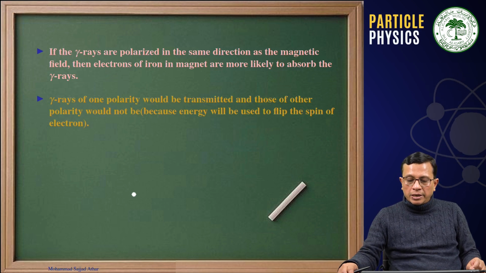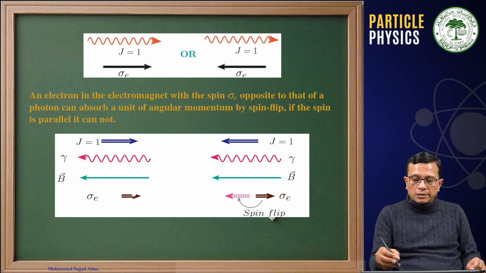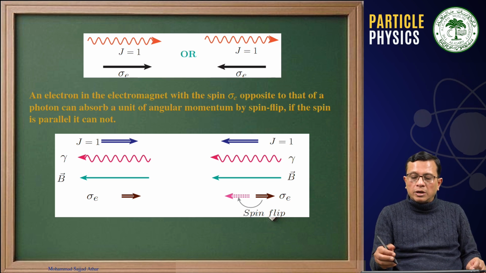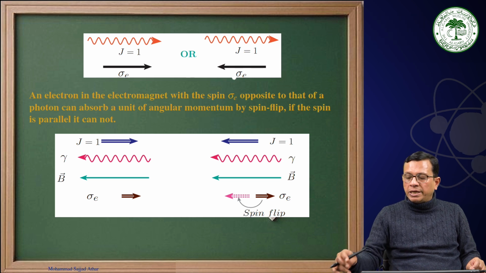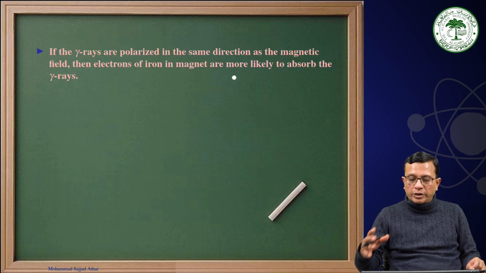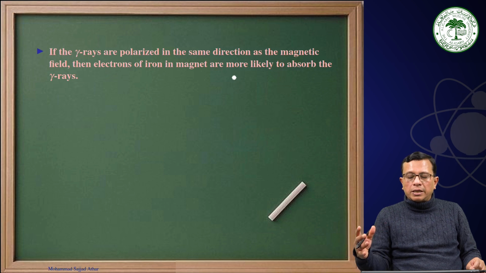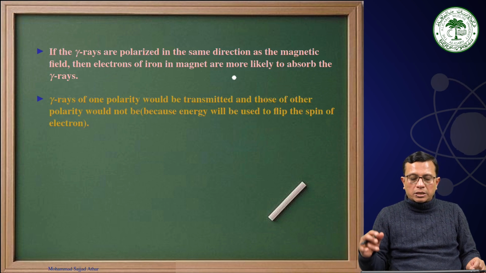Where they are in the same direction, it cannot take the spin of the photon, so these gamma rays will pass through, while if it is in the opposite direction, the gamma ray energy will be used to flip the spin of the electron. Therefore, in one case these photons will come out, but in another case they cannot come out.